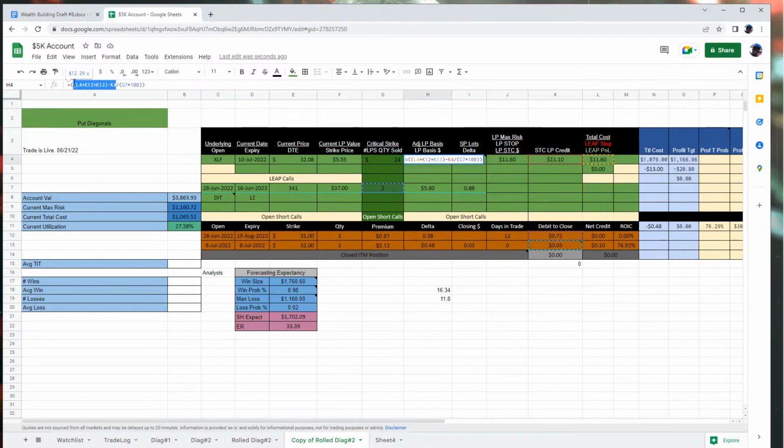So we're going to take this whole equation, the sum of the long positions, the sum of the short positions, and the sell to close credit of the long position, and then divide it by 2 times 100. So it's just 200. So it's going to divide by 200, and that comes out to 1229. That's my adjusted LEAP basis. That's my operating cost of this position.